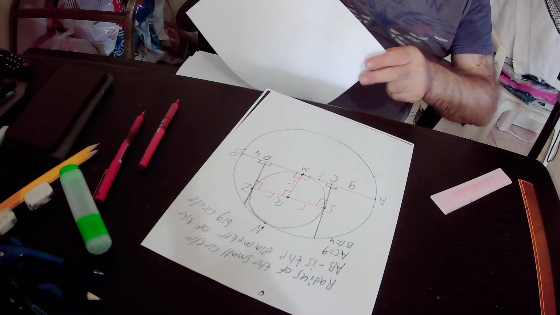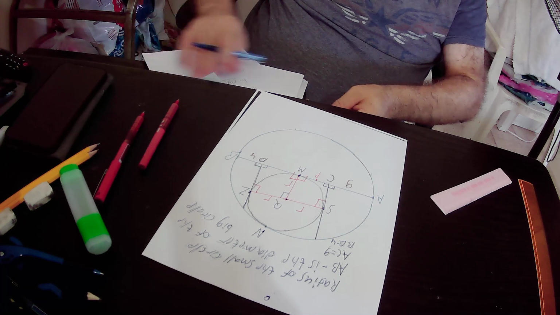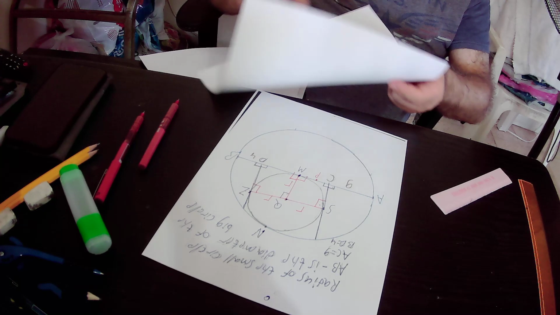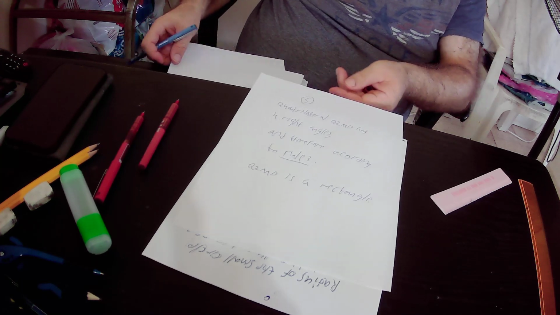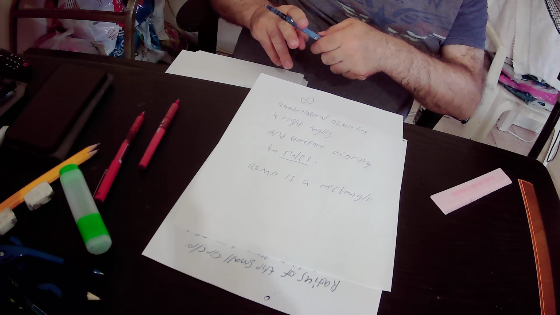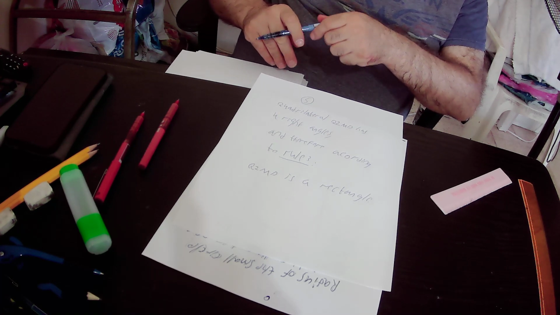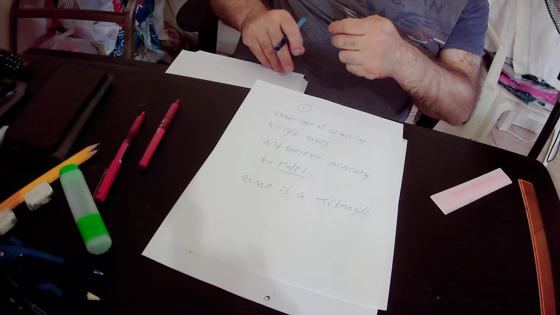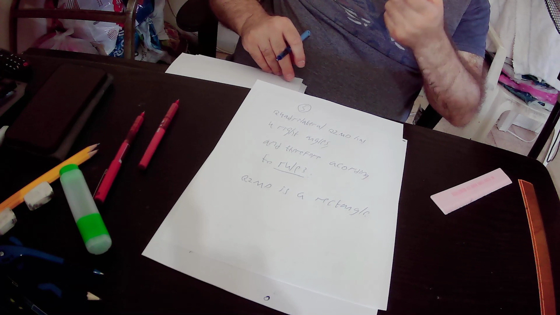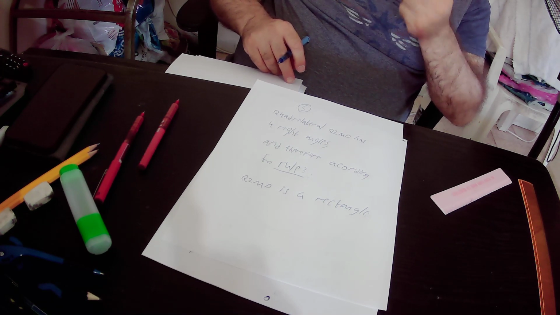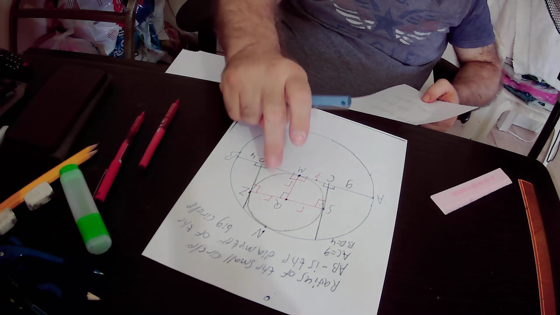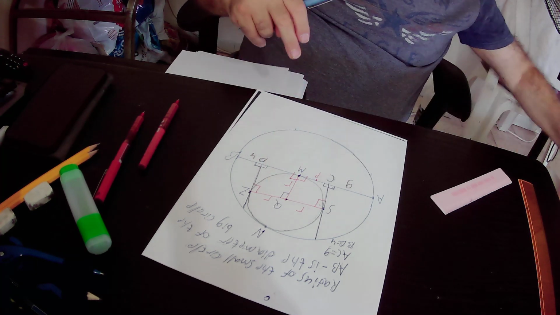Okay, I will read again the things that I wrote. Quadrilateral QZMD has 4 right angles and therefore, according to rule number 3, quadrilateral QZMD is a rectangle.